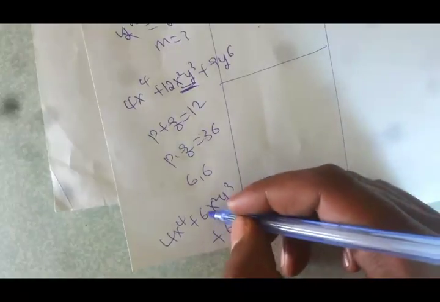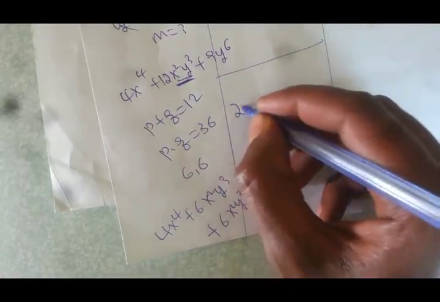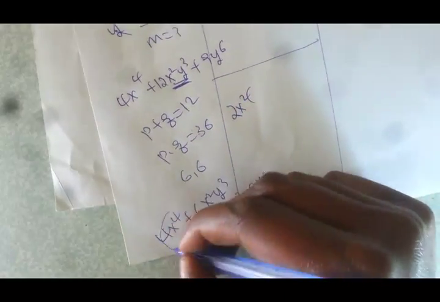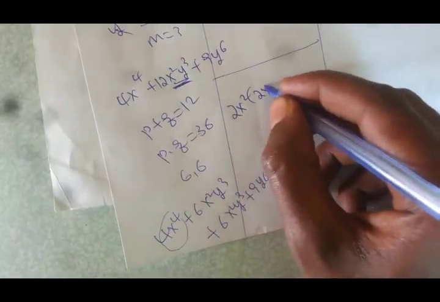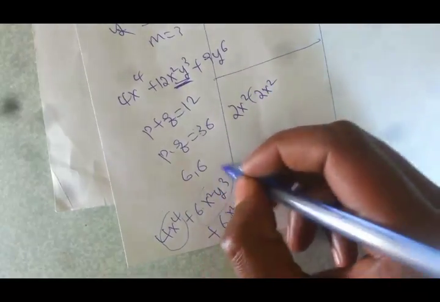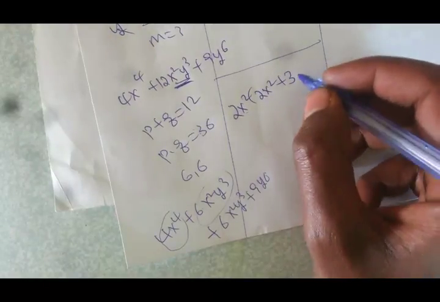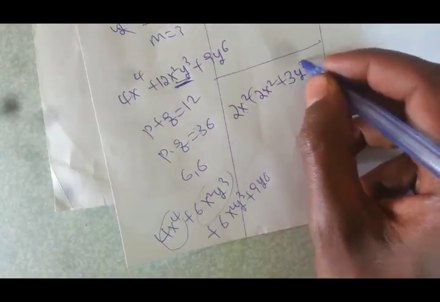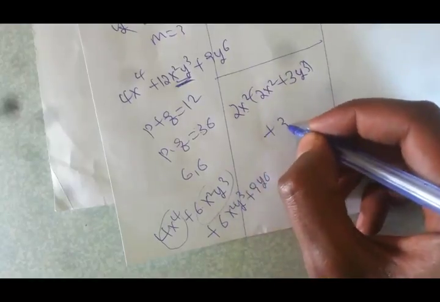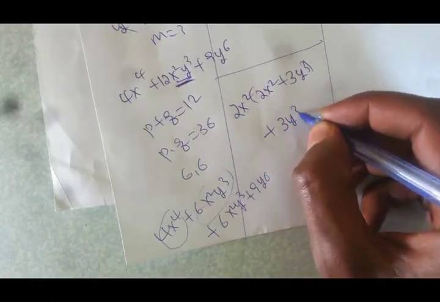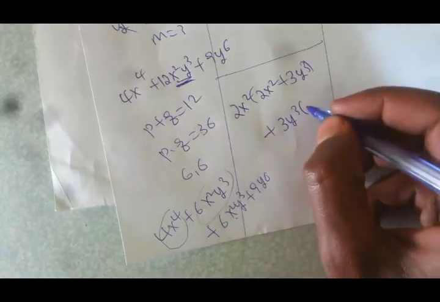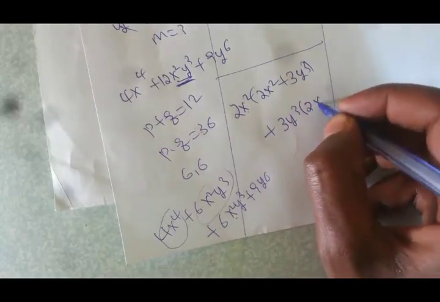What will be their common? 2x squared will be common. Therefore, when this number is divided by this, 2x squared will be left, plus 3y cubed will be left. When this number is divided by 6, 2x squared will be left.